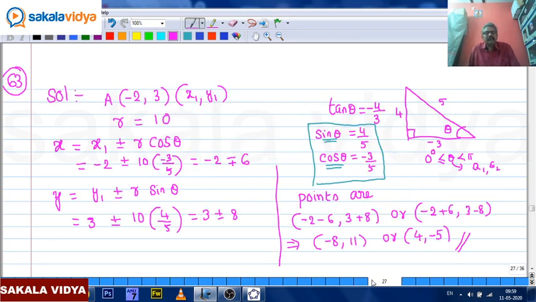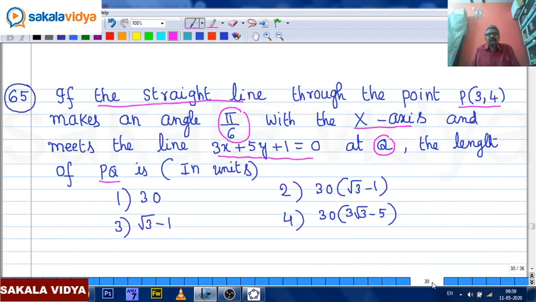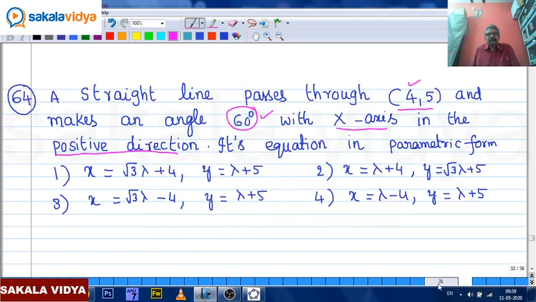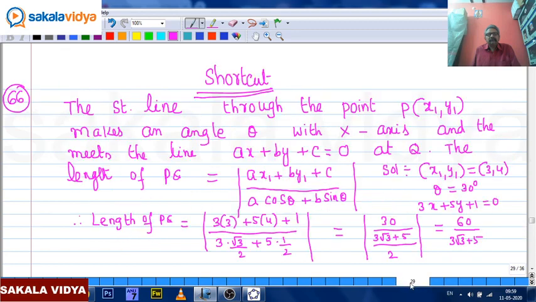So you check it. Fourth option. 60 by 3 root 3 plus 5, you need to rationalize it and you will get the answer.